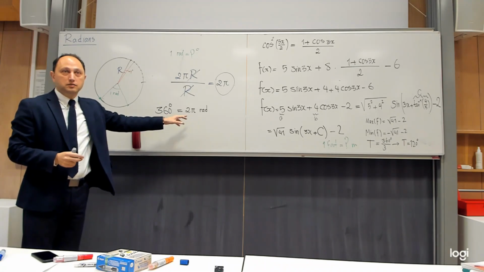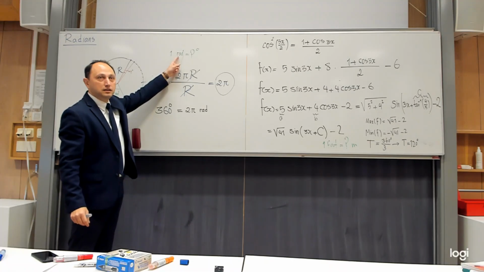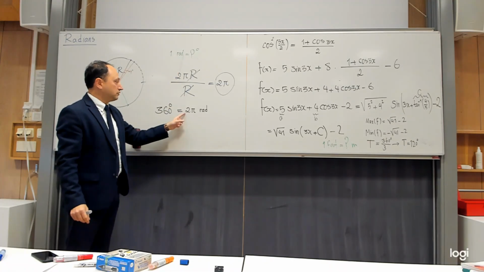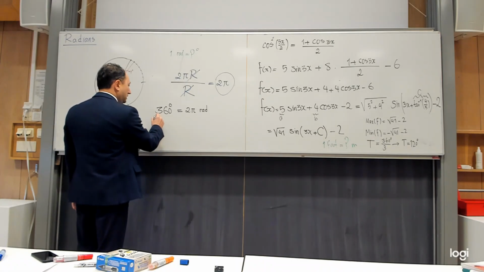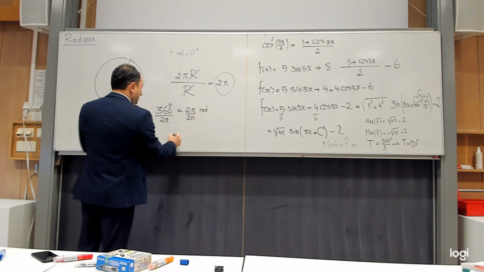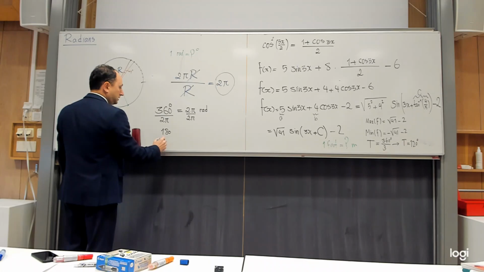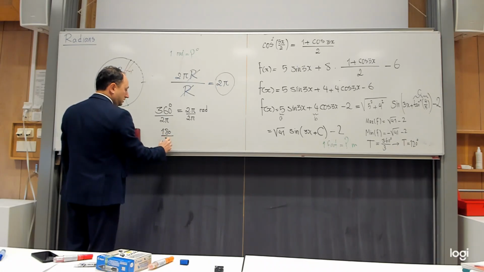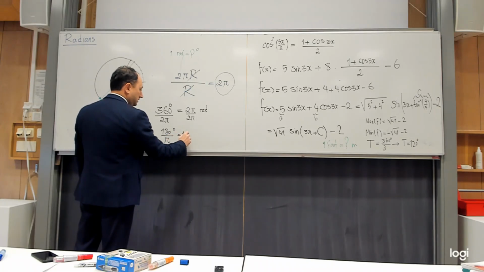Yes, is that understandable? Okay, but then I want to know what is 1 radian. So I have to get rid of this 2 pi and make it 1. Yes. So I should divide by 2 pi. 2 pi here and 2 pi there. Yes. Then if I divide this by that, it becomes 180 over pi degrees is equal to 1 radian.